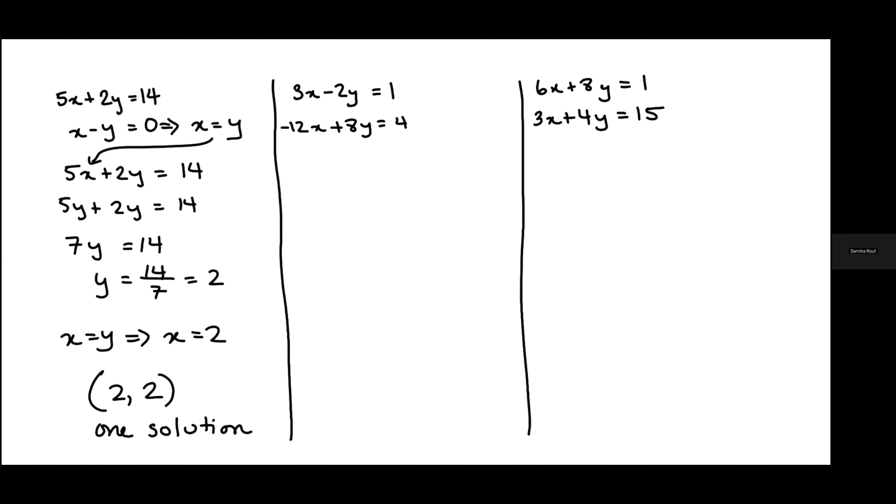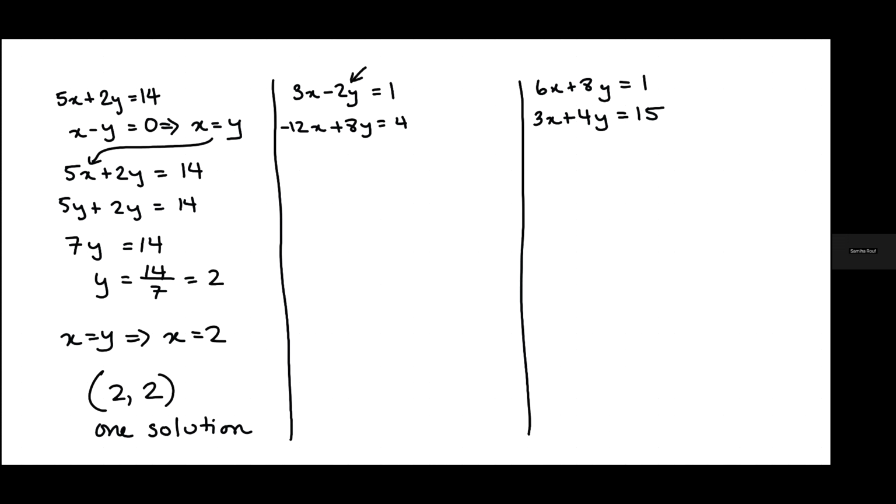Okay. In the next problem, notice that none of the variables have a coefficient of 1, so elimination may be a better approach here. We want to choose a variable to eliminate. So let's say we want to eliminate y. Well, this is 8y in the second equation. So I'm going to try to make the first equation also an 8y, but with opposite sign.